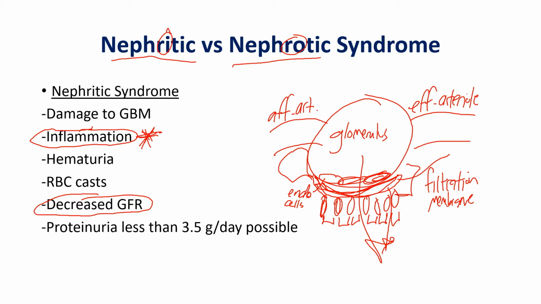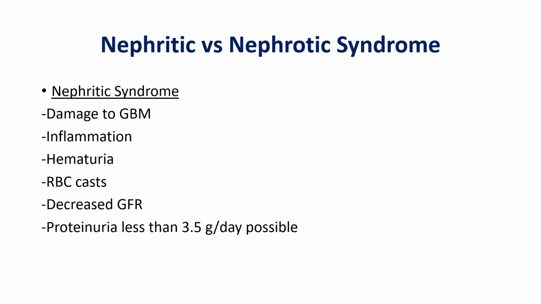And then the podocytes, the space between each podocyte, called the podocyte slits, will stop certain things of various sizes from passing through. So I said all that to say that when you look at nephritic syndrome, which is our focus for today, it is based off of damage to the glomerular basement membrane. So let me clear all of this.